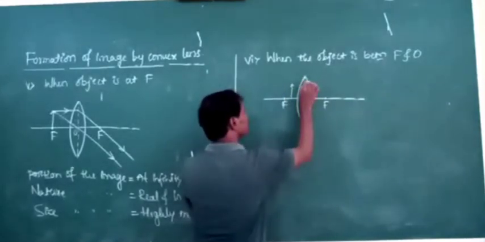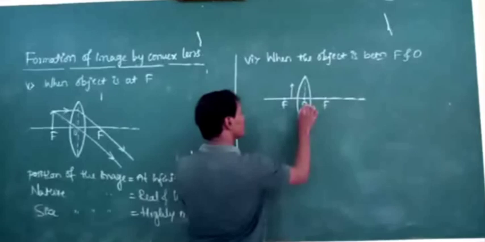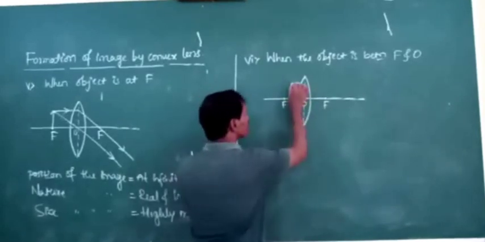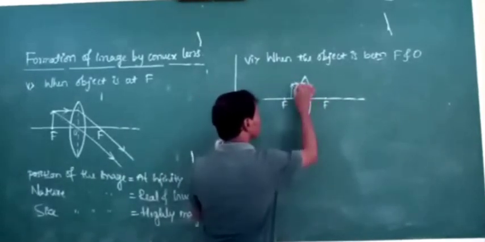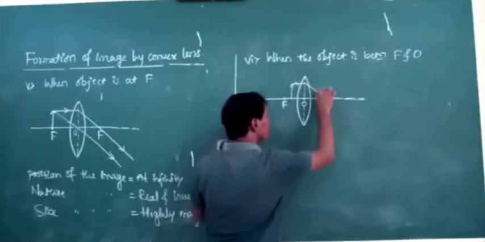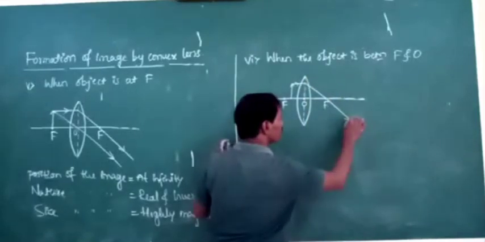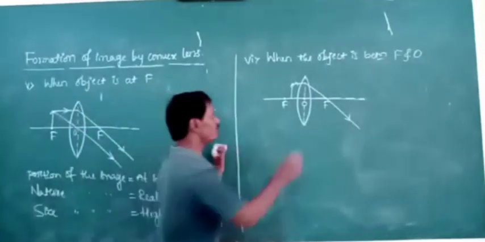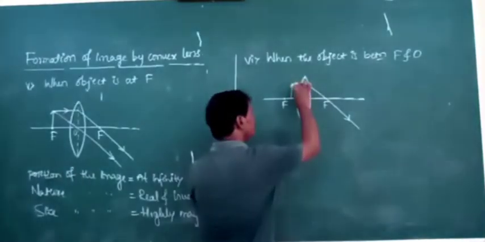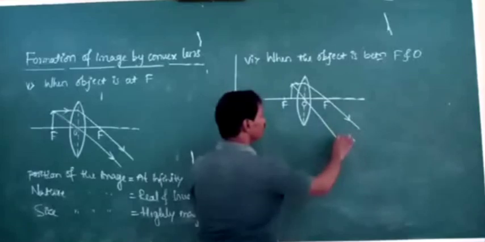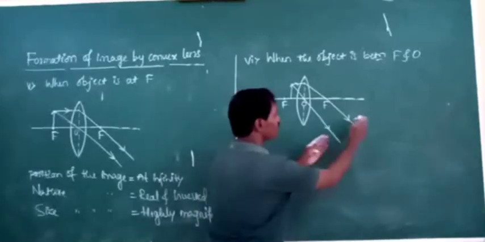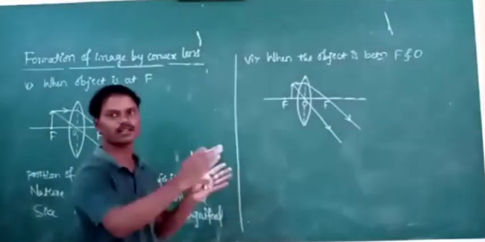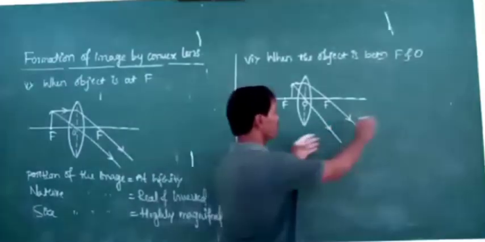Then the first incident ray is parallel to the principal axis. After refraction, the refracted ray passes through the second principal focus. Then the second incident ray passing through the optic center passes without deviation. Here, these two rays are divergent. They never converge.